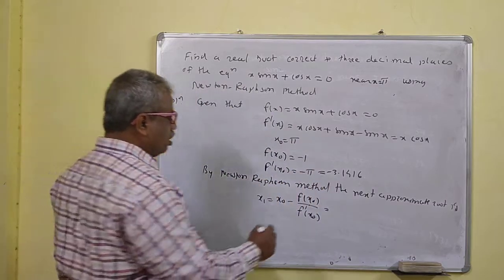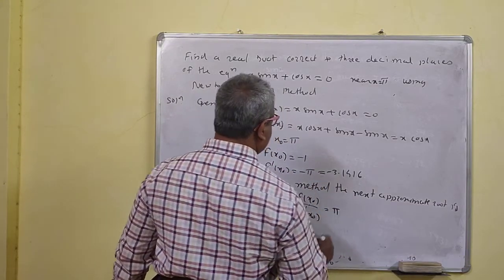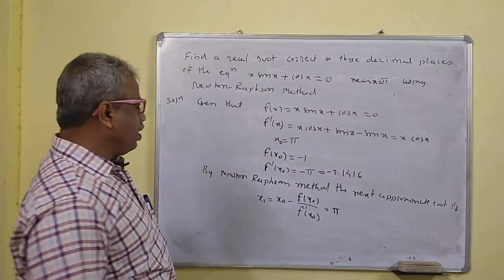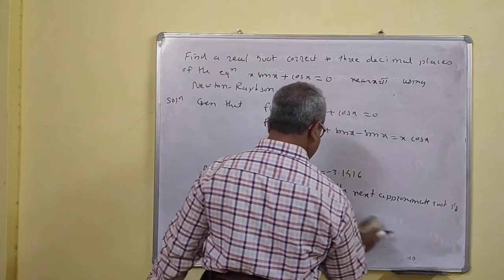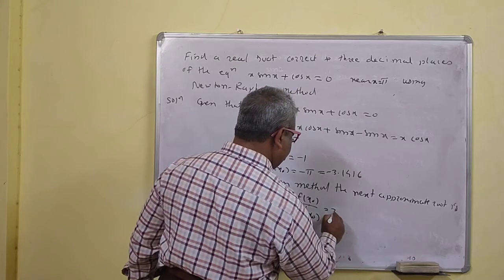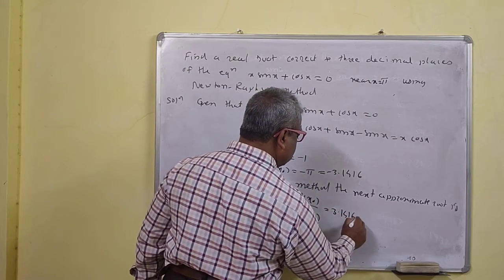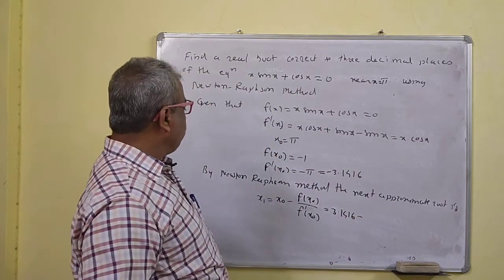So what is your x0? It's pi. So instead of pi, we will write 3.1416 minus, what is your f of x0?